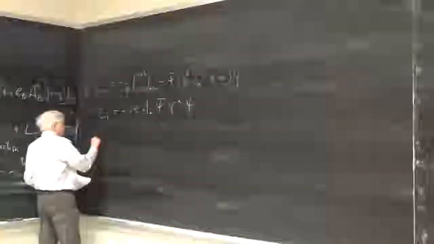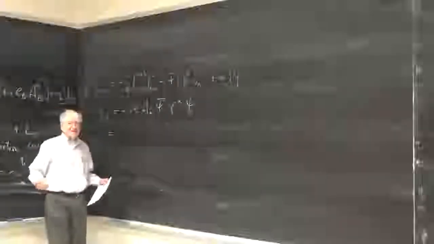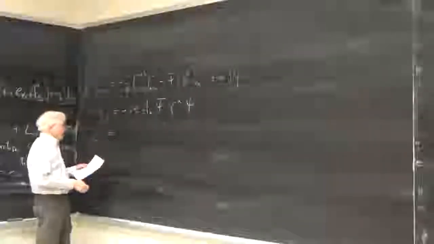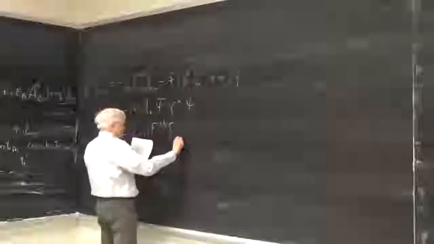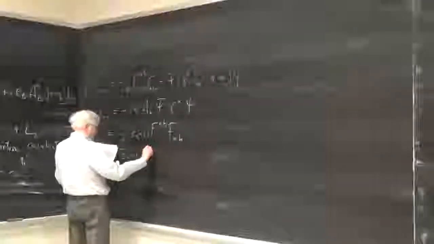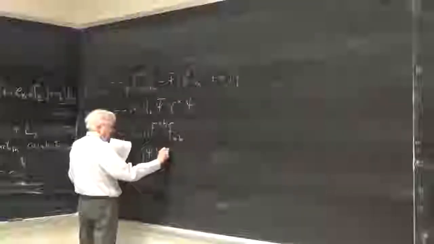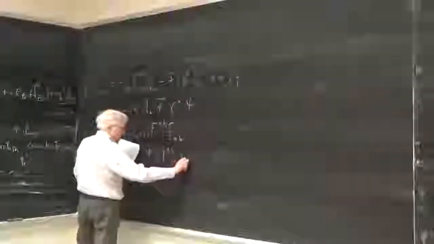The counterterms that we can now use to make everything finite are minus a quarter (Z3 minus 1) F_AB squared, minus (Z2 minus 1) psi bar (gamma^A D_A plus M) psi.